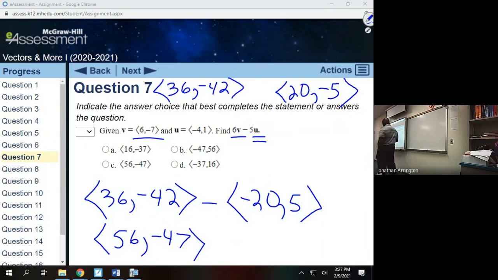The thing you need to understand is when you multiply by negative 5, you have used this negative sign. It's no longer a subtraction problem. It's an addition problem. So if I add, you can see clearly I get the same two numbers. The mistake students make is they multiply by negative 5 and they still try to subtract. In that case, you can see I get the wrong answer. I'll get 16 and negative 37.